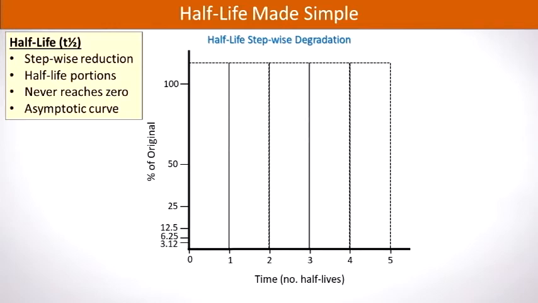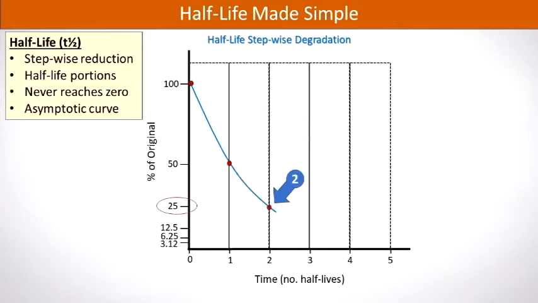If we draw a diagram where we have percent of the original element or percent of the original isotope or the original concentration on the left side of the graph, and on the bottom we draw time in half-life increments shown here from 1 to 5, what we discover is that if we start at the original percent of 100, the first half-life occurs at 50% and gives you 50% of its original value.